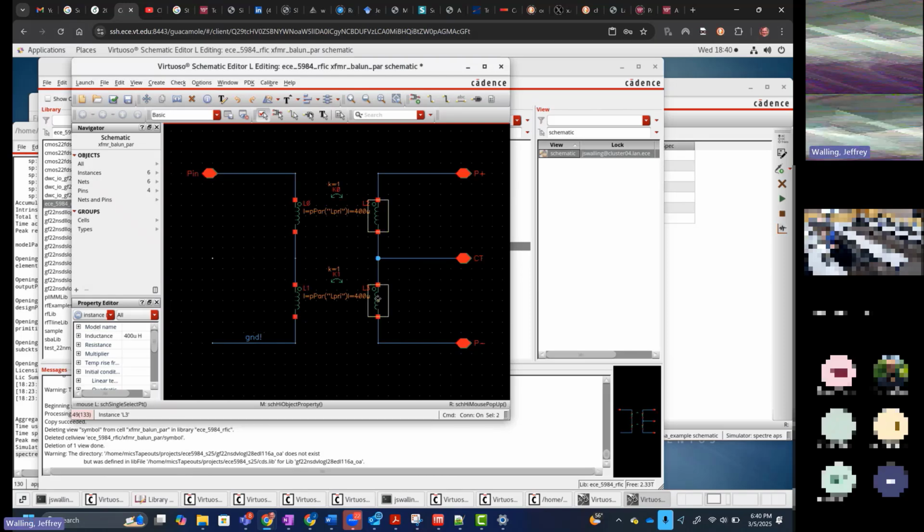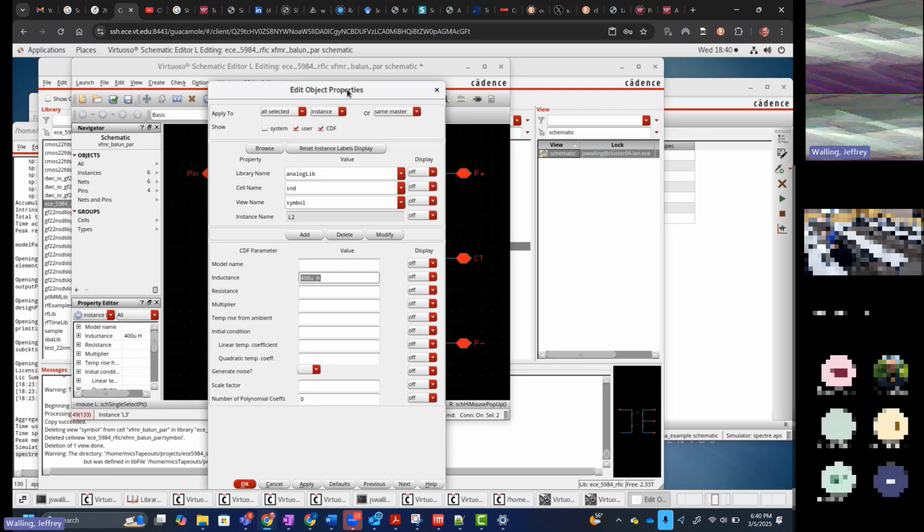If you get lazy, you can select two of them at a time, hit the properties Q, change apply to all selected, and you can change the properties for both devices at once. EPAR LSEC.